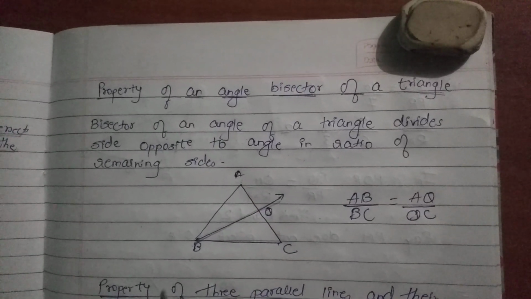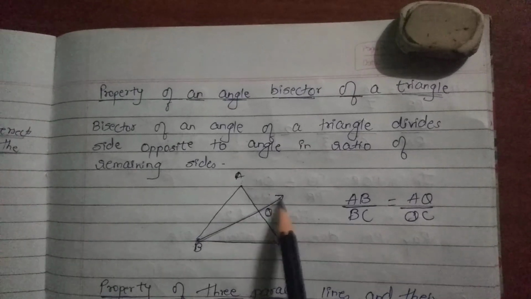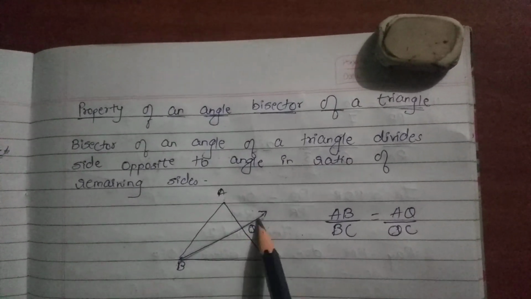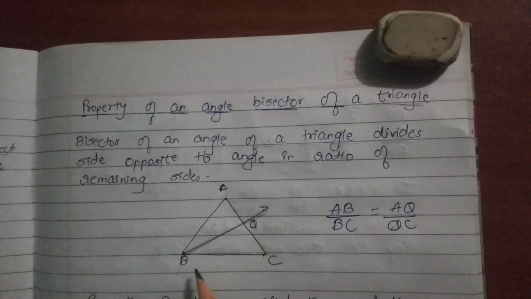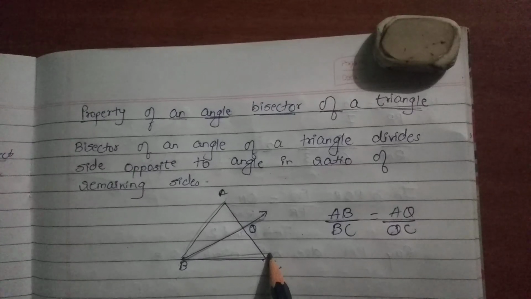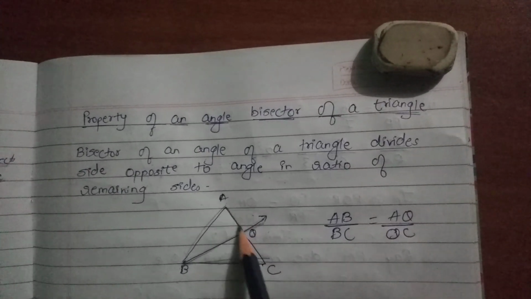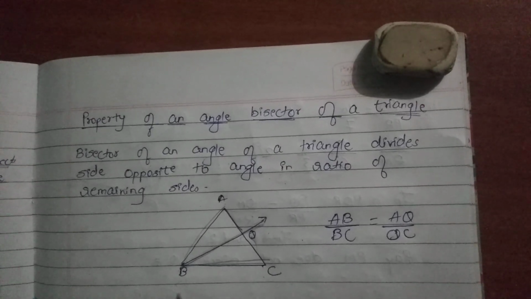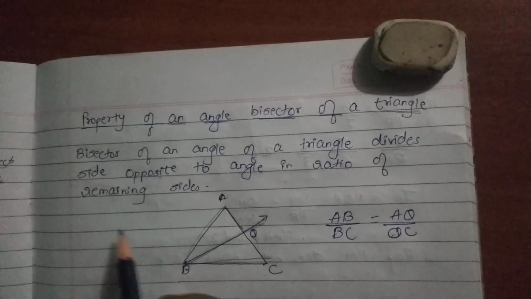So what is the angle bisector of a triangle doing? It divides the side opposite to the angle in the ratio of the remaining sides. Means AB upon BC equals AQ upon QC. It's very simple, you have to remember it. One more example.